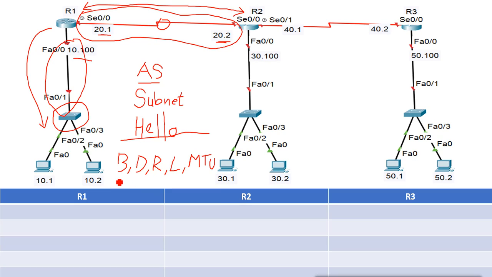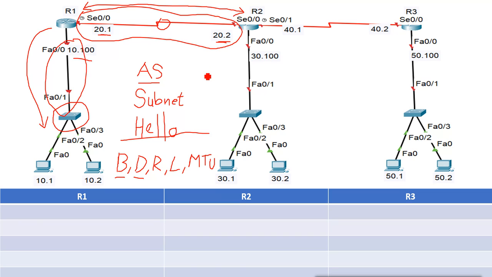Bandwidth means the router first sees the bandwidth of the link to reach that network. If it has multiple links, it prefers the link with more bandwidth. Then, what is the delay? How much delay does that link have to reach some network?